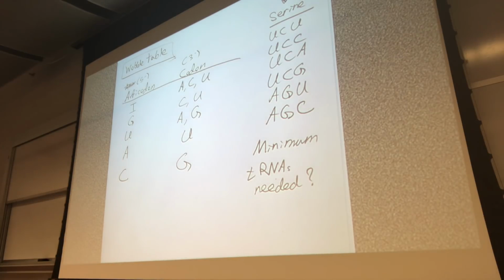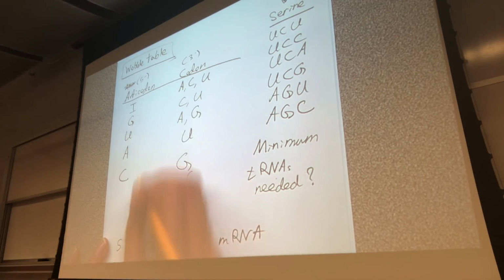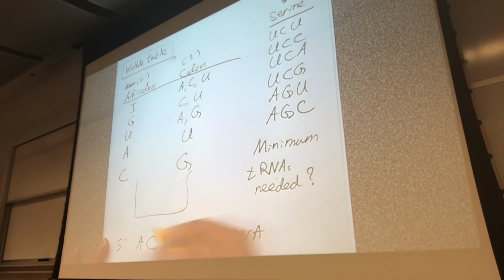If you don't remember what Wobble base pairing is, let me draw, I guess, A, C, G. Here's the mRNA and tRNA.